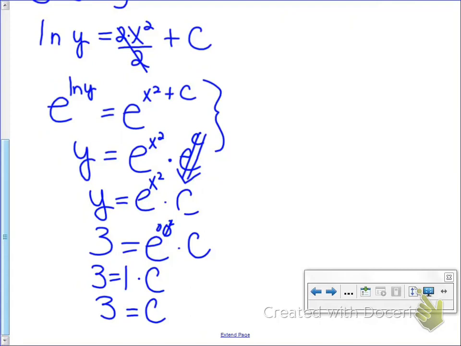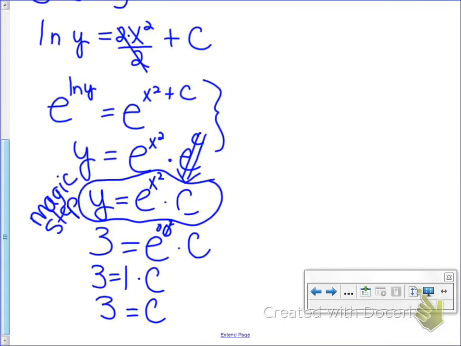When I write my answer, I'm going to go back to the magic step right here, and I'm going to write my final answer plugging in the c value.